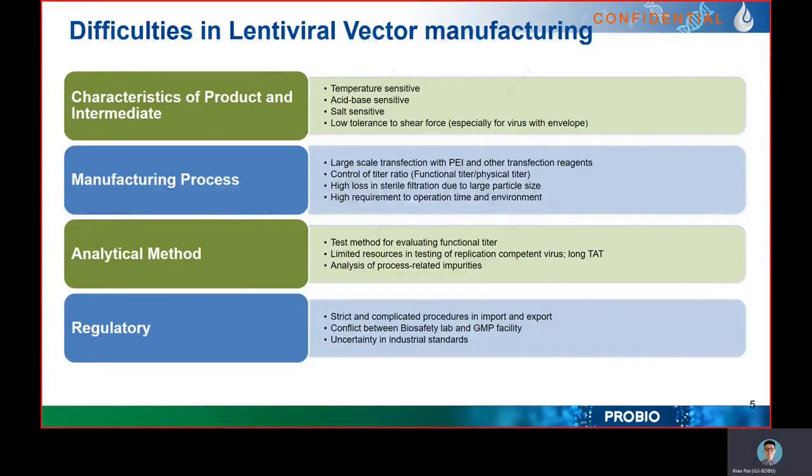The analytical methods also need to be carefully developed, for both the functional assay as well as process-related impurities. There are also currently uncertainties in industrial standards with regard to the regulatory requirements.